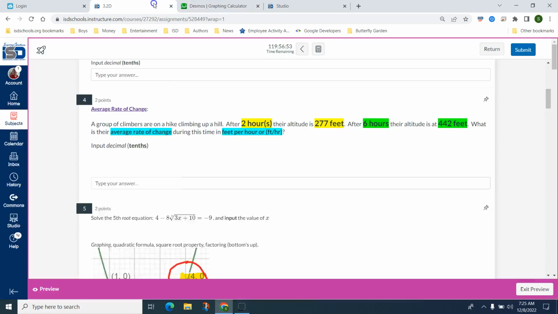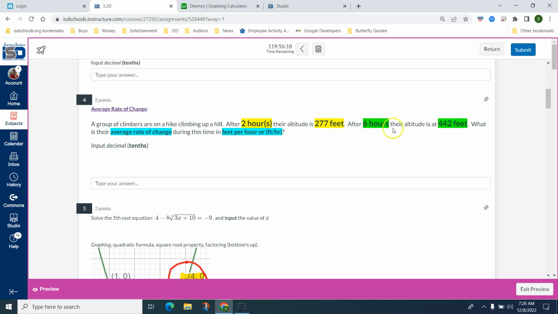So here we go. A group of climbers are on a hike climbing up a hill. All right. After 2 hours, their altitude is 277. After 6 hours, their altitude is 442. What is their average rate of change during this time in feet per hour? So feet's on top, hour is on the bottom.